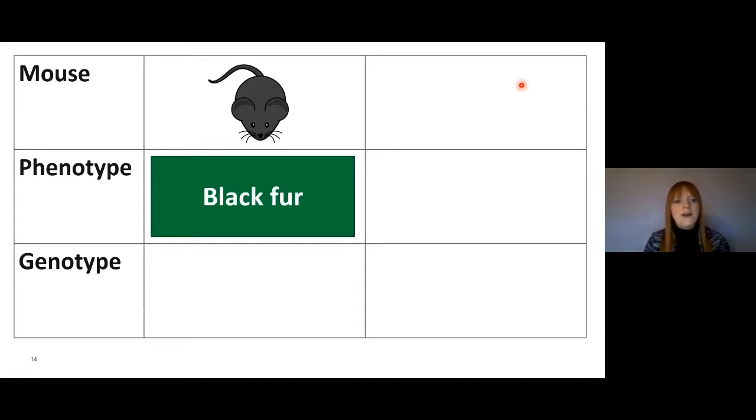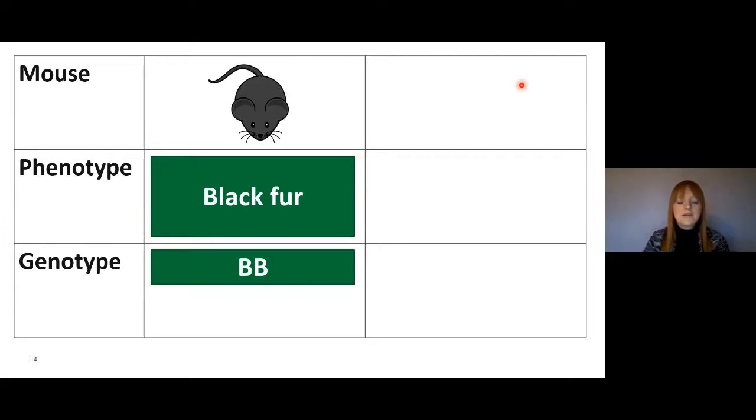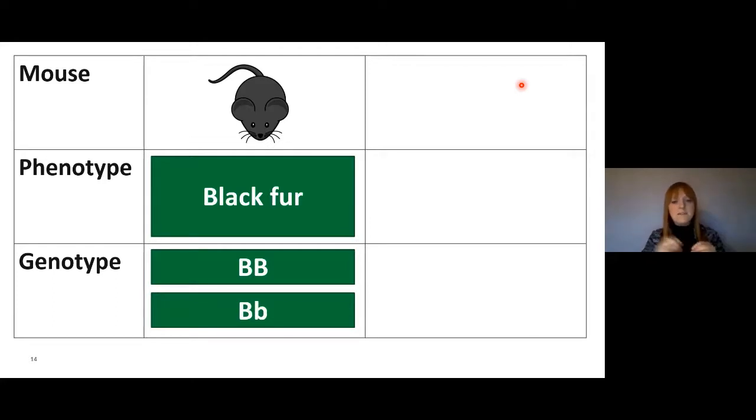The genotype, however, remember he inherits one from mum and one from dad. So a genotype will always be two letters together. He could either be capital B, capital B, because he's inherited the dominant allele from dad and the dominant allele from mum, or he could be big B, small b, which means that he's inherited maybe the capital B from mum and the lowercase b from dad.